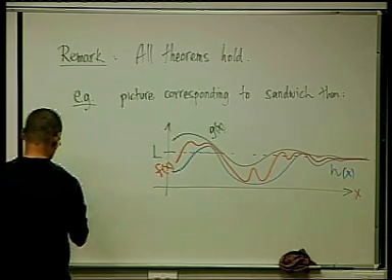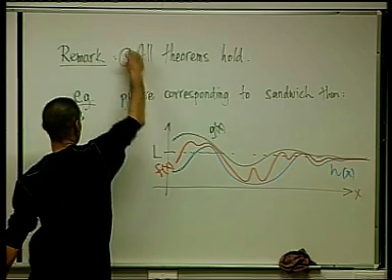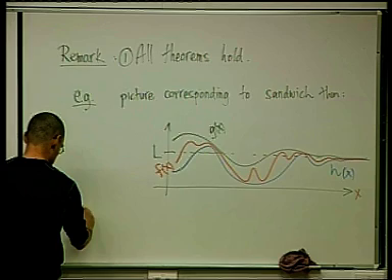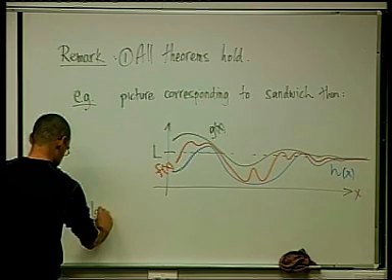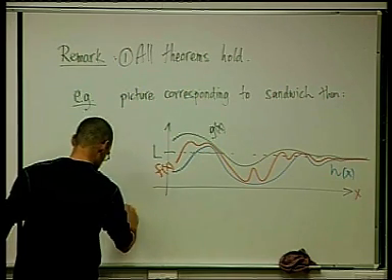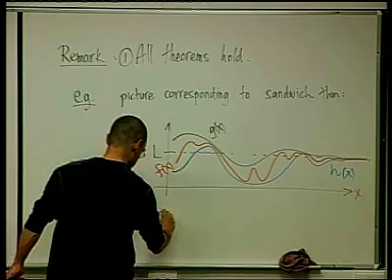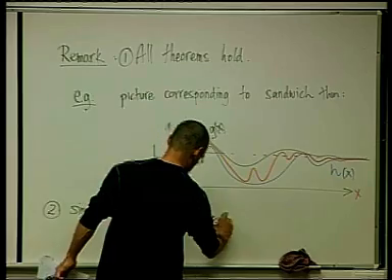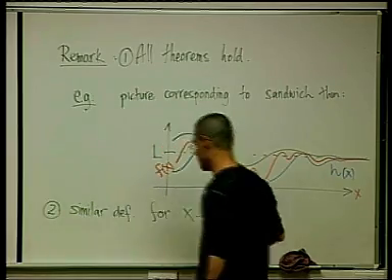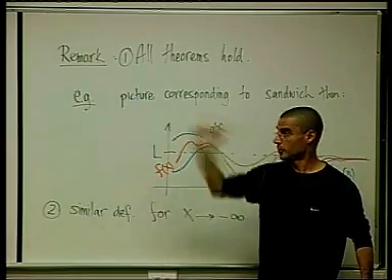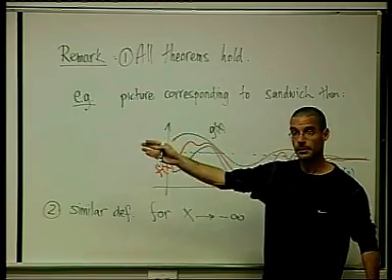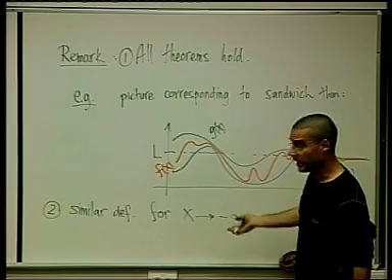Second remark. So let's call this 1. Another remark. Similar definition for x goes to minus infinity. Minus infinity is over there. It's kind of far, okay? So you have to define it.